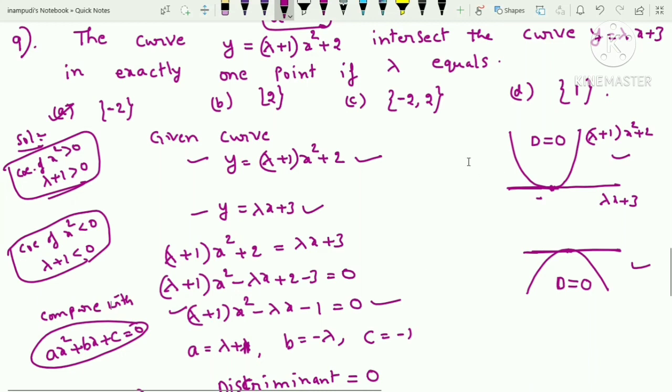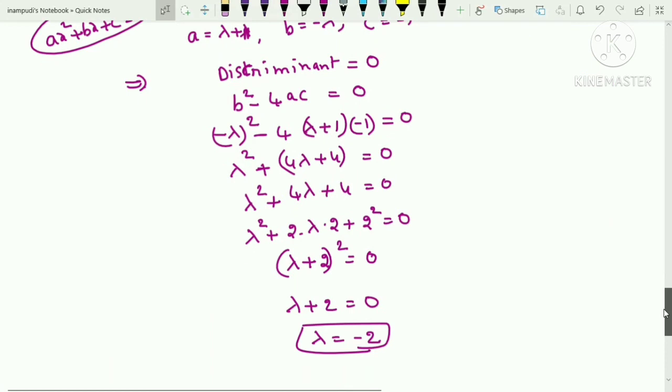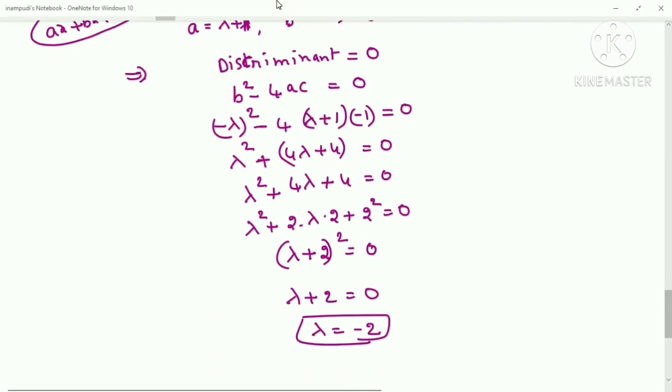In this situation, the two curves intersect at exactly one point. In that situation, the discriminant is equal to 0: b square minus 4ac equal to 0. So we get lambda plus 2 whole square equal to 0, lambda equal to minus 2. Okay, thank you very much.